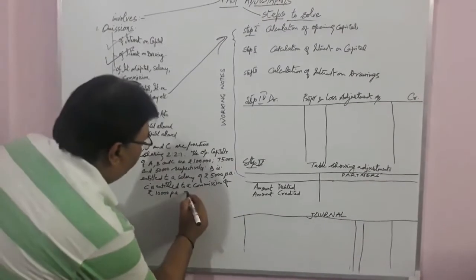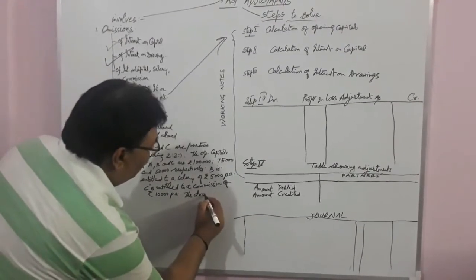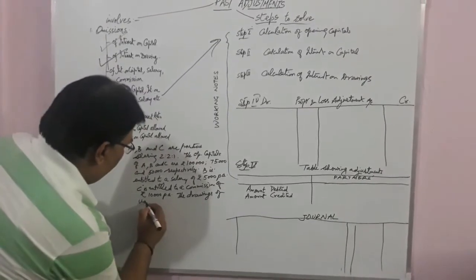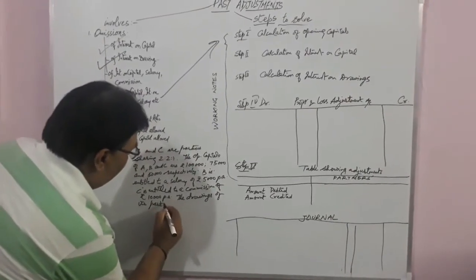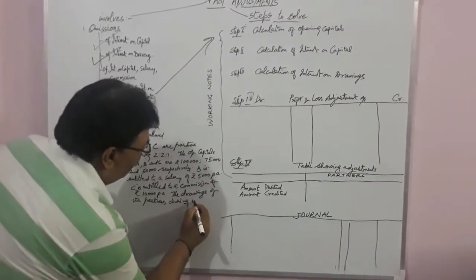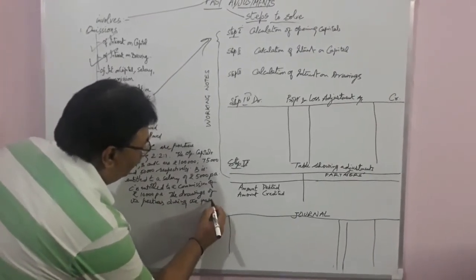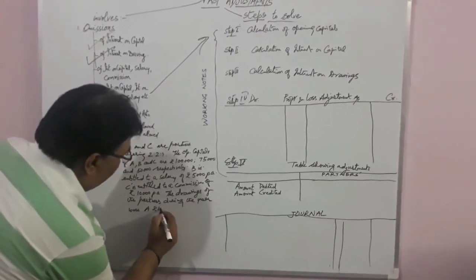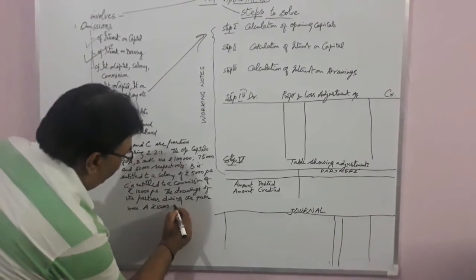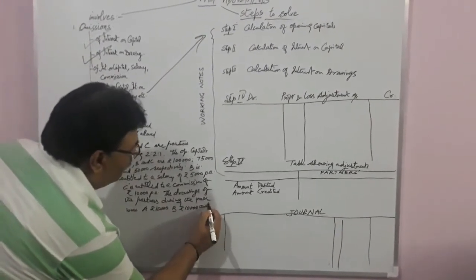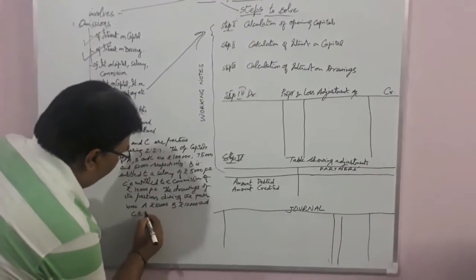The drawings of the partners during the year were: A rupees 10,000, B rupees 10,000 and C rupees 5,000.